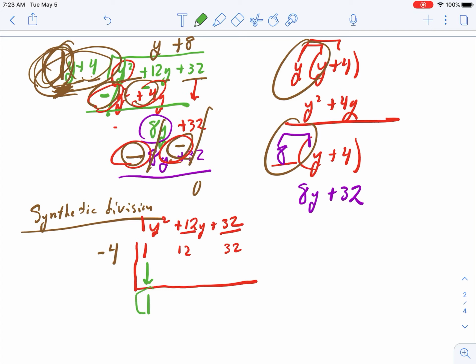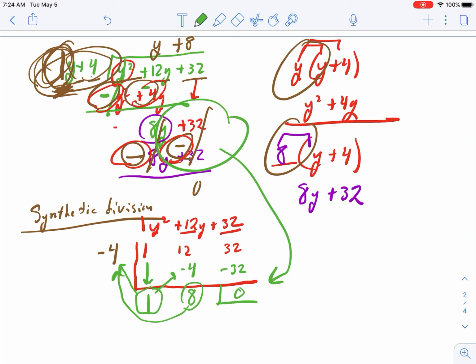And what I do here is I multiply this number times this number, which gives me negative 4, and I put it here. So I get negative 4, and I add that, which is 8. Now I take that number and multiply it by that again. So now I have negative 32, and my last value is 0.